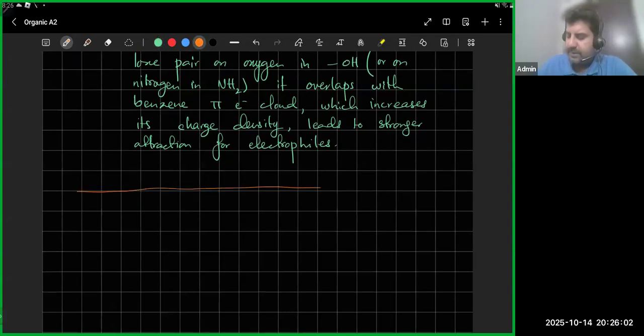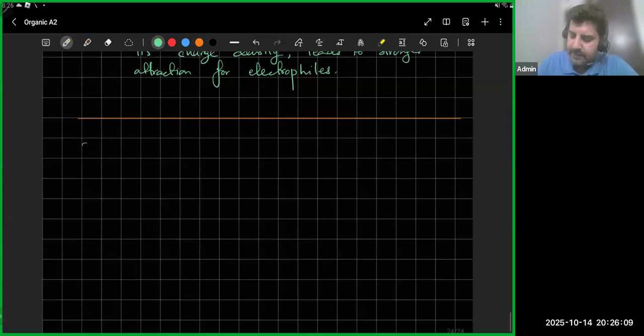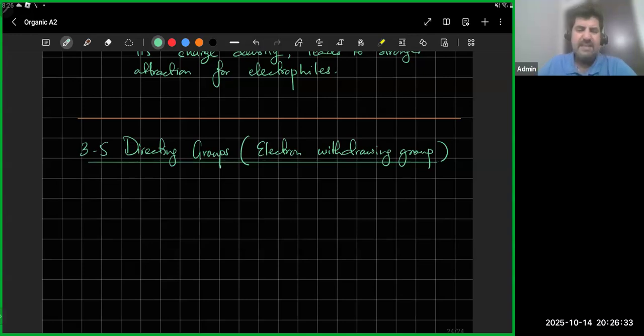Now there's another one which is the opposite, which is 3,5 directing groups. You don't need to know any details about that. These are basically your electron withdrawing groups. All you need to know about them is that the reactions are slower.